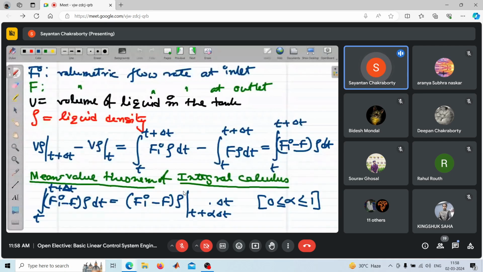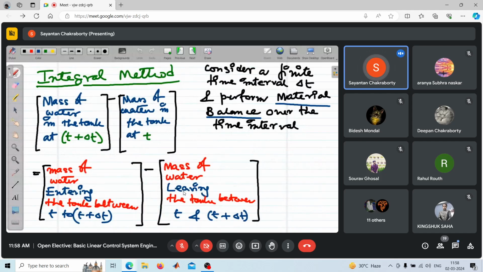So then you have to resort to this sort of equation where you consider the total amount of mass at t plus delta t to find out what amount of mass I've gained from time t to t plus delta t, and that should be equal to the amount of mass entering the tank through various inputs minus the mass of water leaving the tank through various outlets, right? So in that scenario, this integral method will be much more suited.